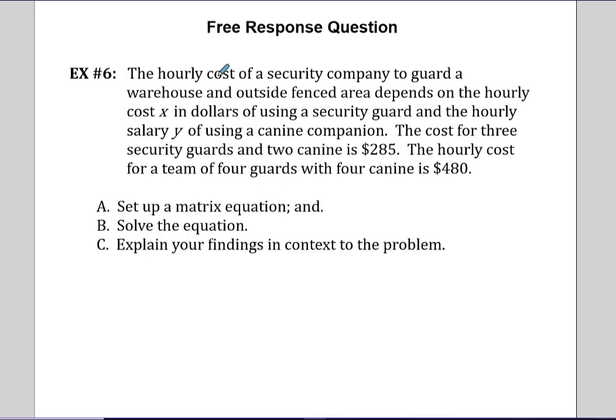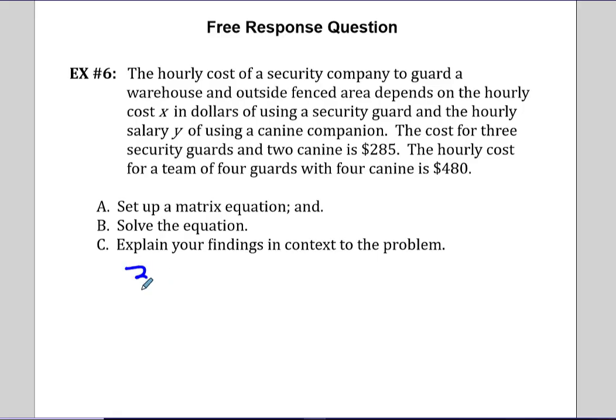So we know the hourly cost of a security company to guard a warehouse and outside fenced area depends on the hourly cost X in dollars of using a security guard and the hourly salary Y of using a canine companion. So the cost for 3 security guards and 2 canine companions is $285.